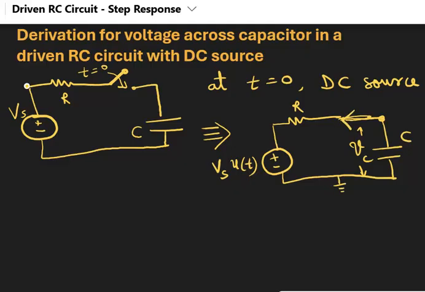The currents flowing in these two sides we can consider IR and IC. So let us apply the KCL.